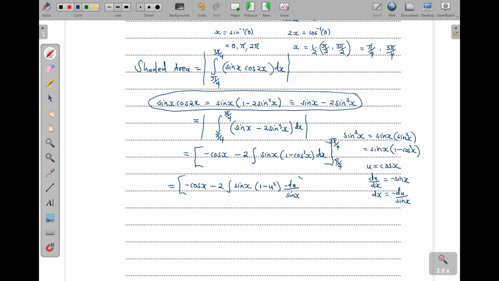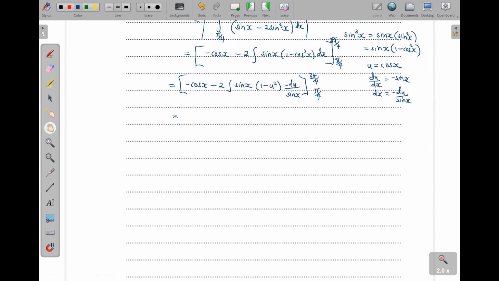Okay, so like that, put our limits, then pi over 4. Then we shall have negative cosine of x minus, this one has disappeared, we have the integral of, actually I can say plus, this negative I take it out and it multiplies with that. Then we shall have 1 minus u squared with respect to u.